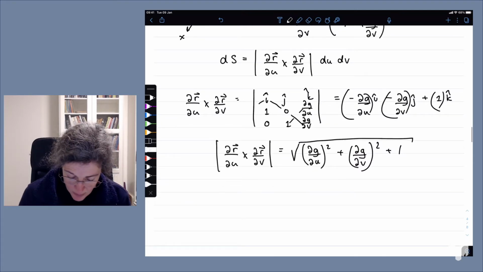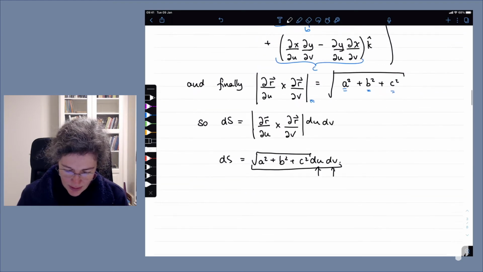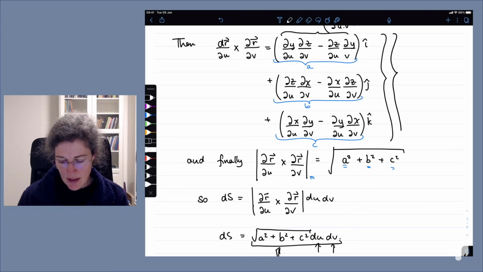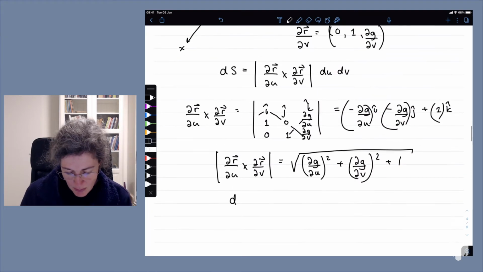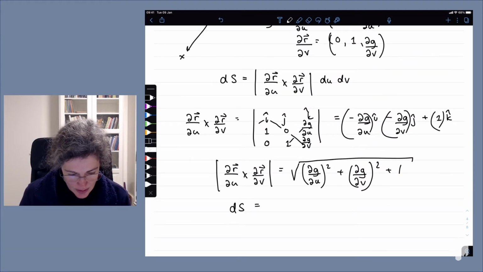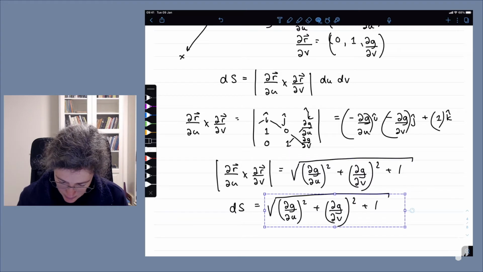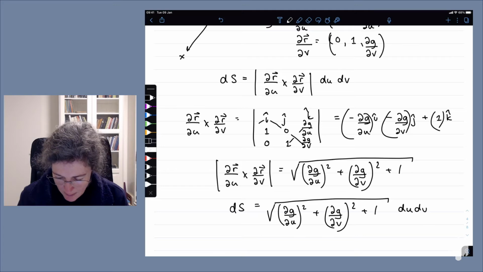So finally, out of all of this, if I have a surface that is parameterized using x and y, instead of having to do this whole complicated thing that I had up here, where remember our a, b, and c were all of these things, if I'm parameterized with x and y, this whole example is telling me that my area element ds is equal to this thing here, du dv.